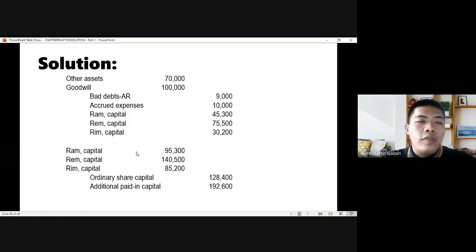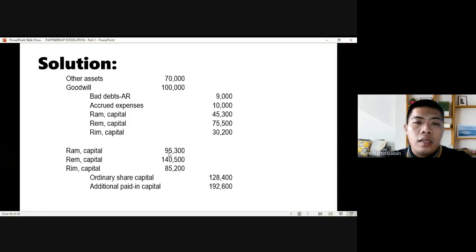Then to take effect the conversion by closing the partners' capital accounts to the corporate capital account. The corporate capital account will have the ordinary share capital mainly and the additional capital for the excess.